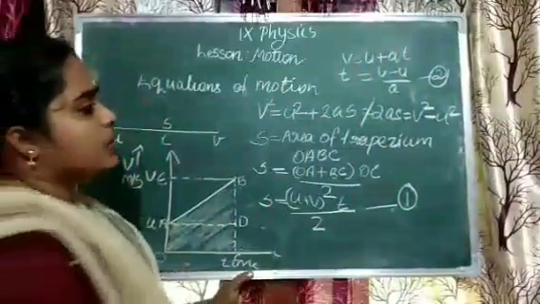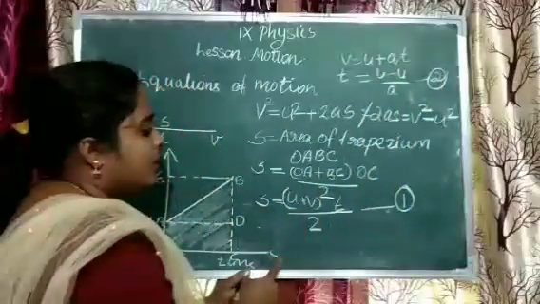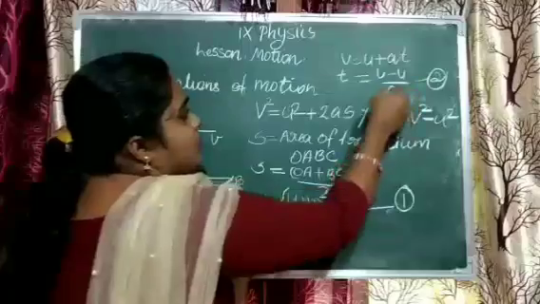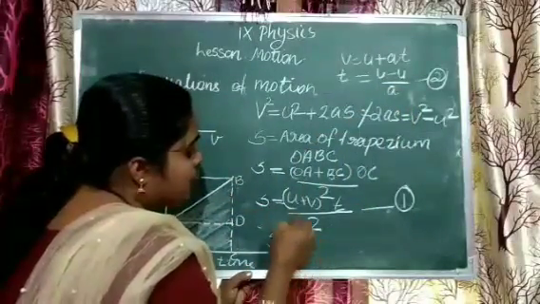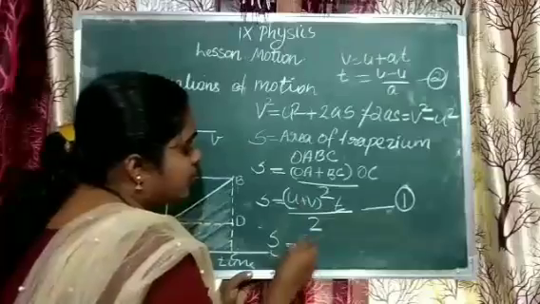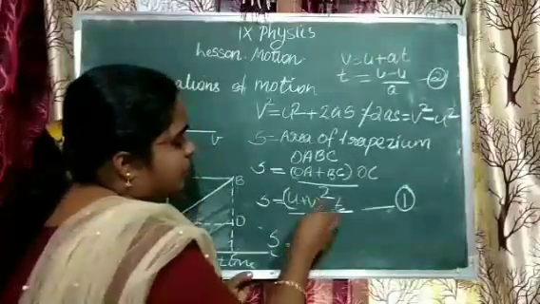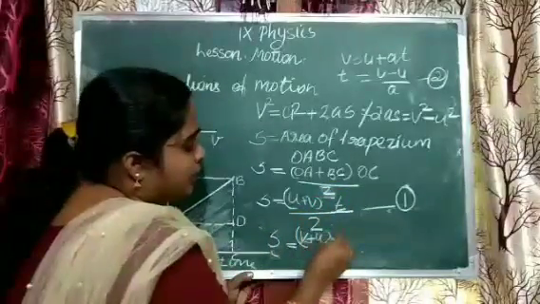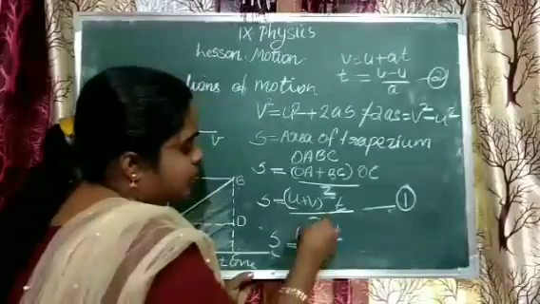Then I am going to substitute equation number 2 in equation number 1. So instead of T, I am going to write V minus U by A. So S is equal to U plus V, which we can rearrange as V plus U, into time, the whole divided by 2.